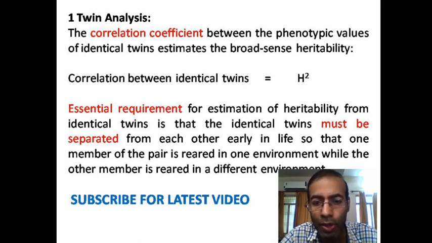This is very important. Both twins must be reared in different environments, and the heritability which is estimated by this approach is broad sense heritability. It is not narrow sense, it is broad sense heritability, symbolized as capital H square.